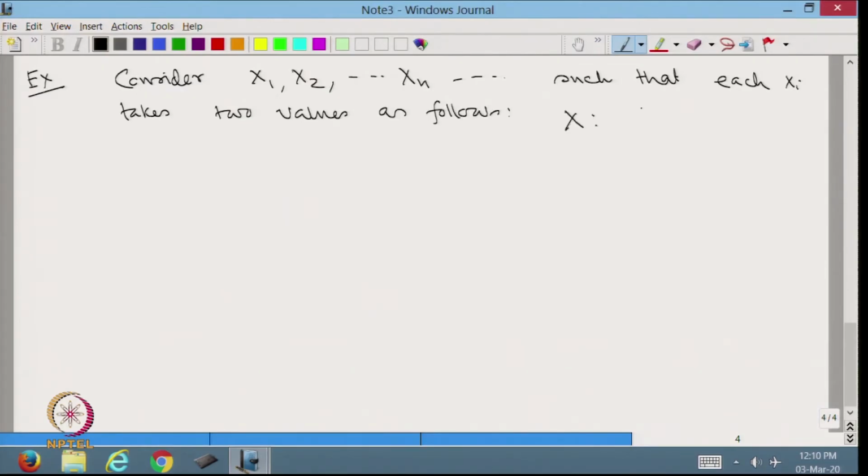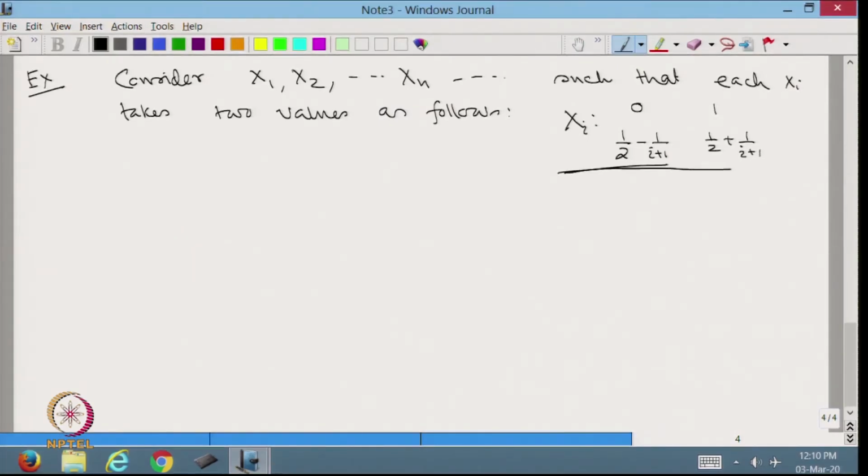X i takes only 0 and 1 with probabilities half minus 1 upon i plus 1 and half plus 1 upon i plus 1.